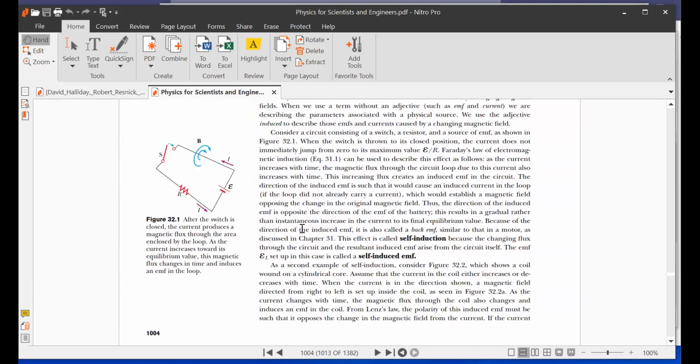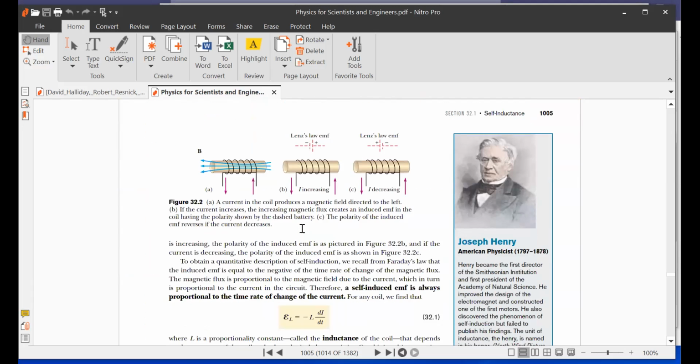Self-inductance. In the preceding section, we considered Faraday-Lenz's law of induction.